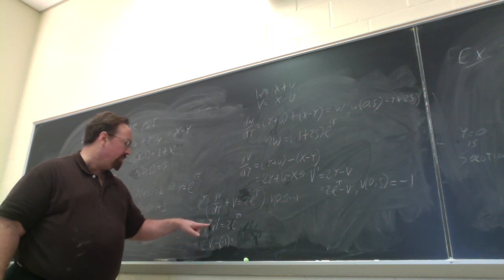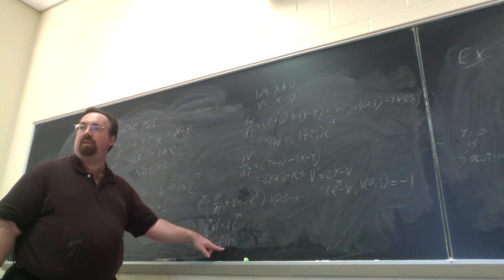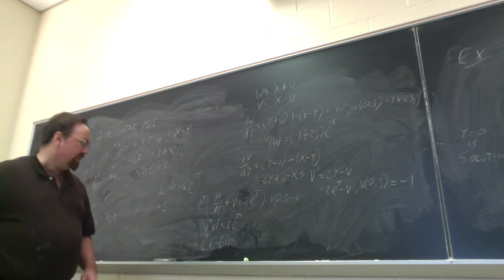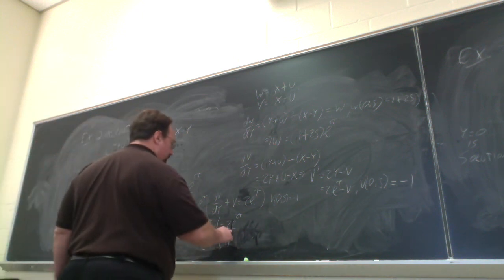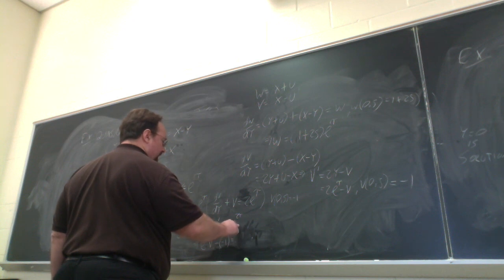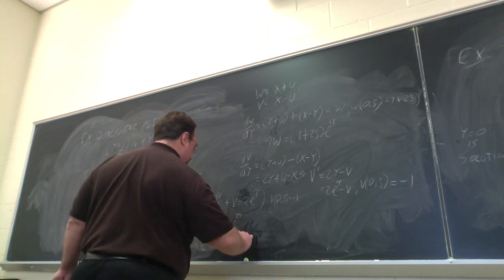So when I plug in tau equals 0, I get v equal minus 1. That's where that comes from. And then when I integrate this, I just get e to the 2 tau, because you get a 1/2, right? Yes.